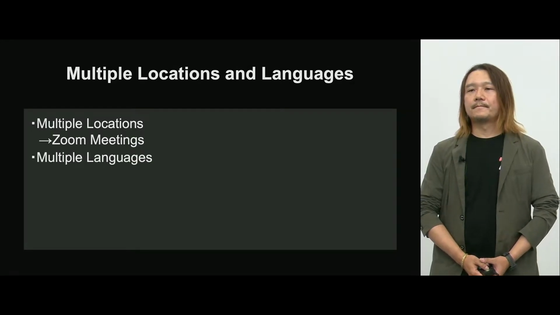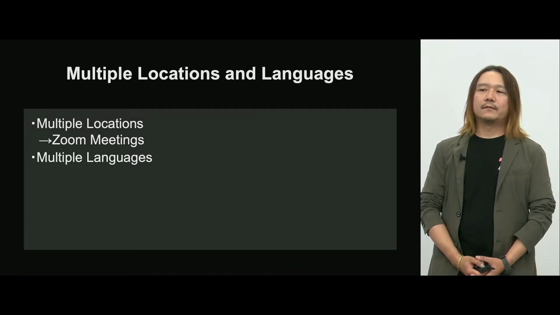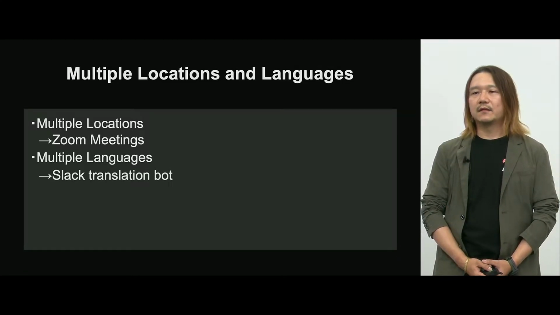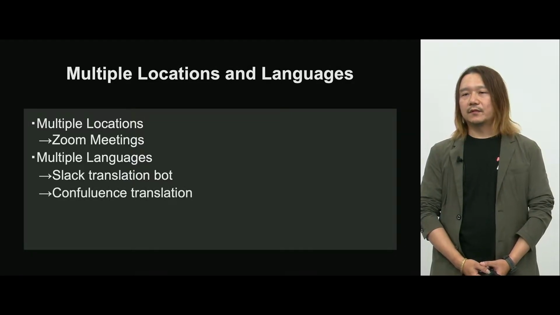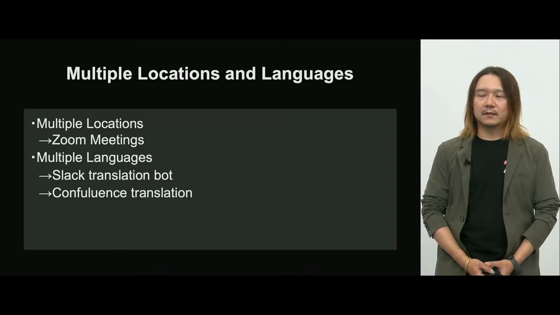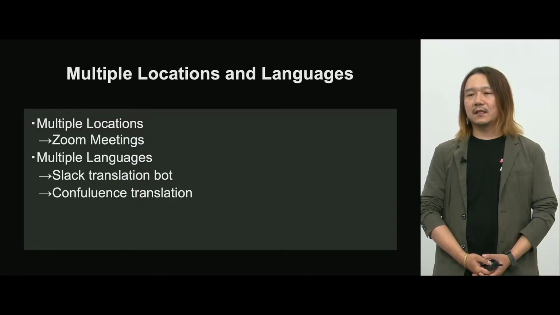And also for the languages, in the chat tool, Slack, which is the main tool we are using, we can use a translation bot for communication. As for the document tool, we mainly use Confluence, which also has a translation feature.